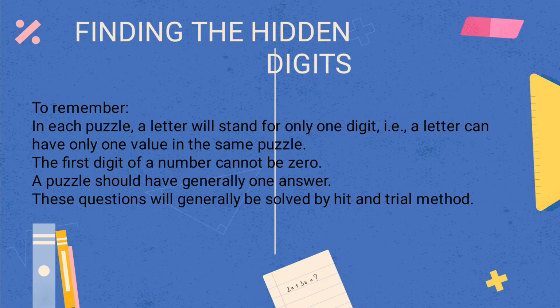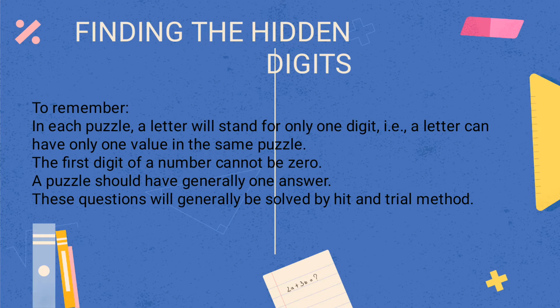The second rule says that you cannot have zero in the starting position of a number. For example, you cannot write 75 as 075 or 0075, right?